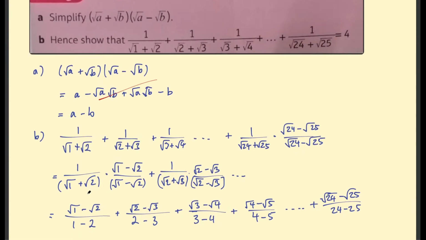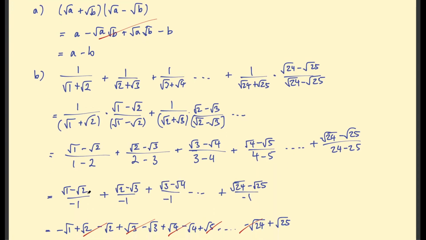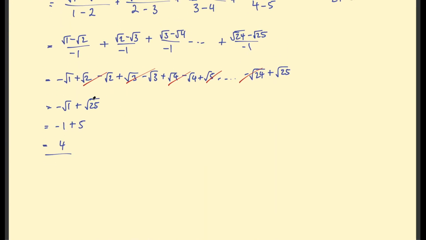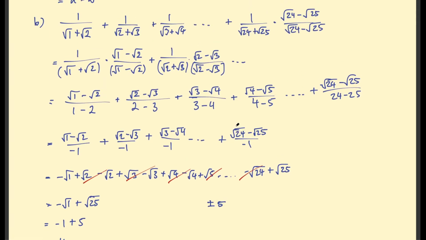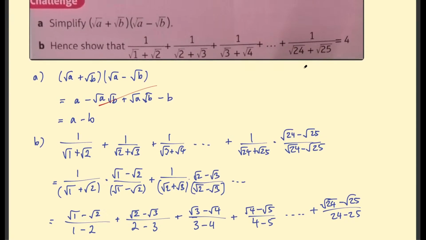It simplifies quite nicely. Now, a question you might have is, well, isn't the square root of 25 positive or -5? The reason we're not including that -5 is because they specify in the question. When they tell you it's a positive root 1, that's telling you the answer is positive.